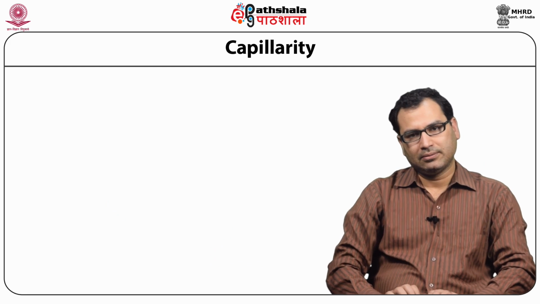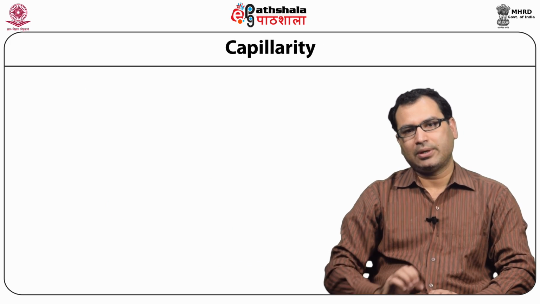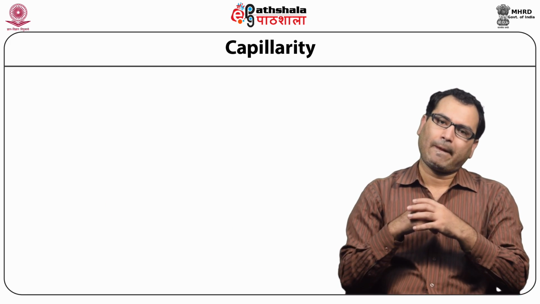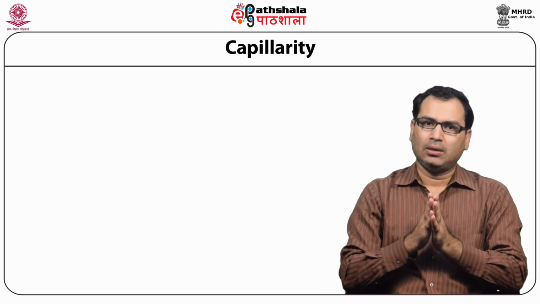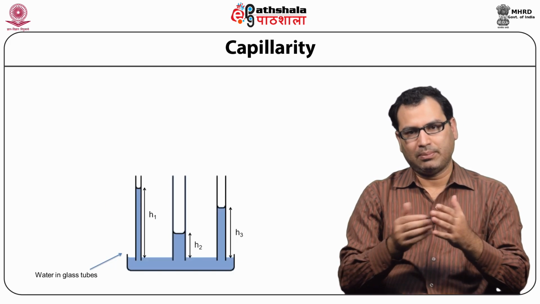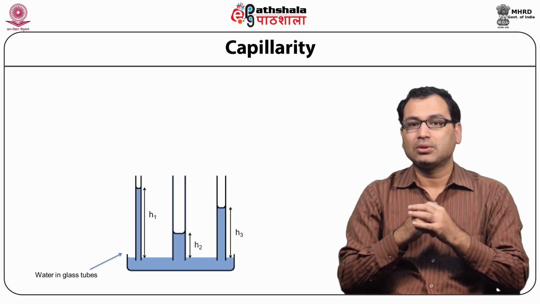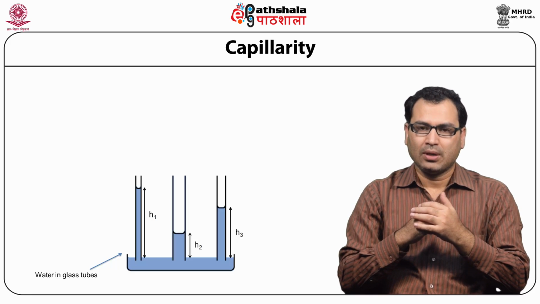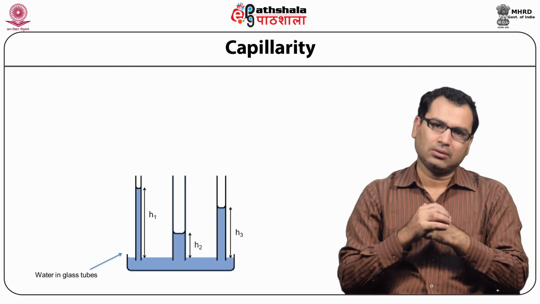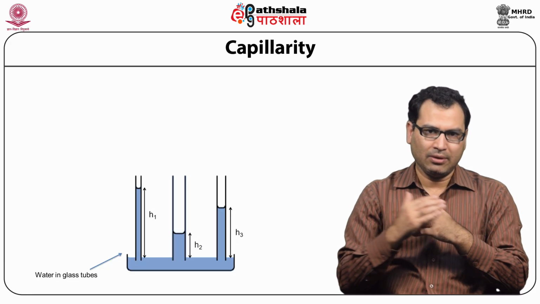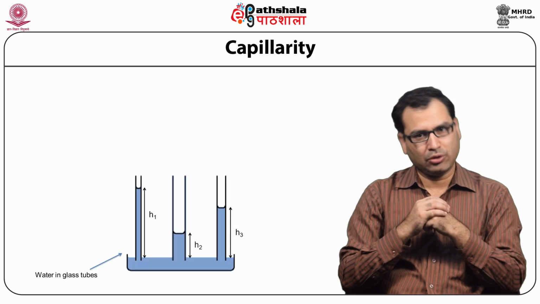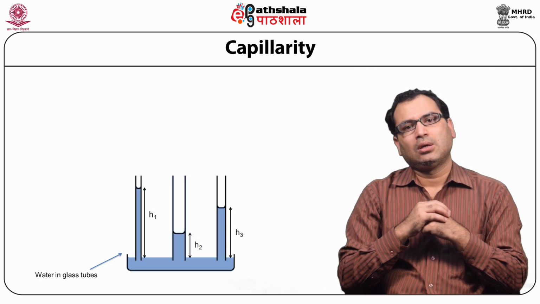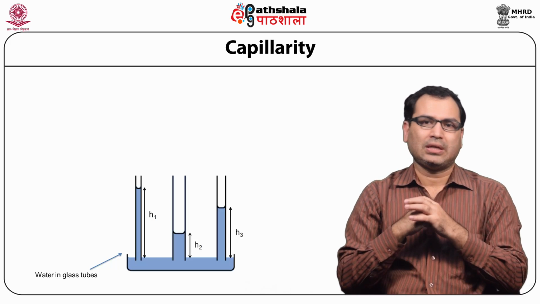So capillarity is a property of the fluid in combination with, for example, here, glass tubes, that because of the surface tension, the level of rise of the fluid in glass tubes is different depending on the size of the tube.